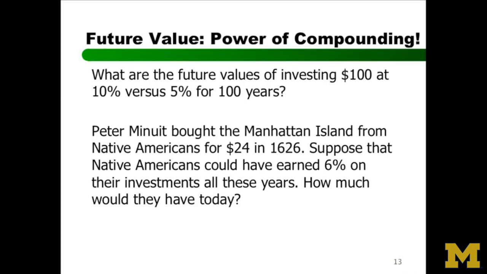But let's stick with 6%, just as an example. How much would the Native Americans have in the bank today? So this is your problem to solve, and it's not an easy one. So let's try and see how we would do this.